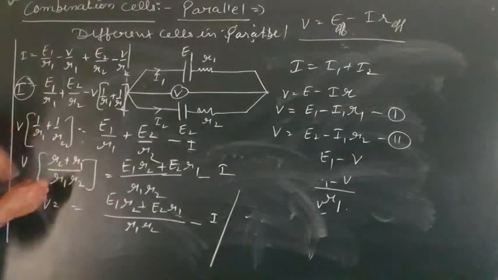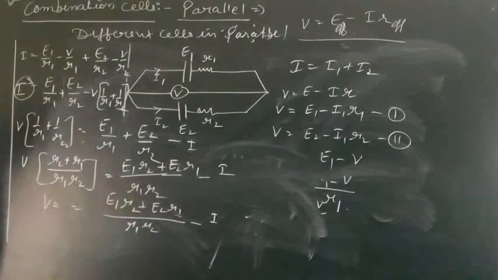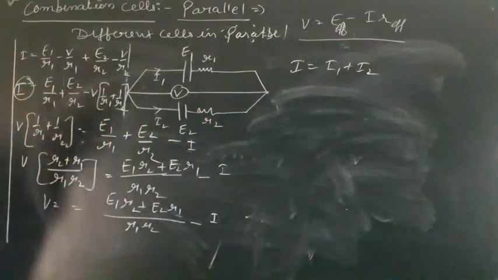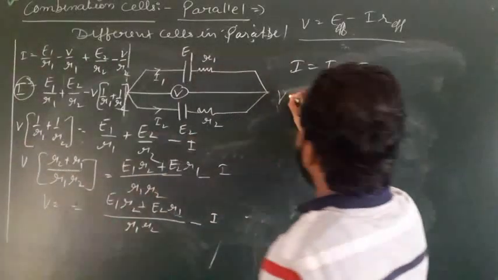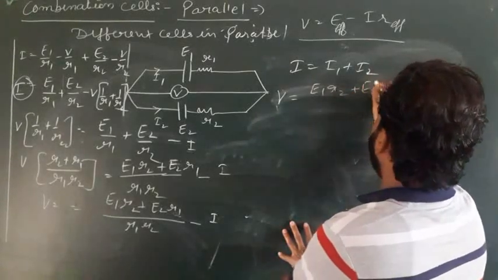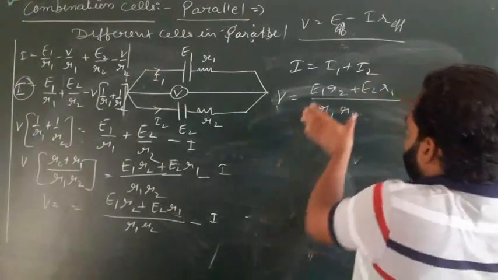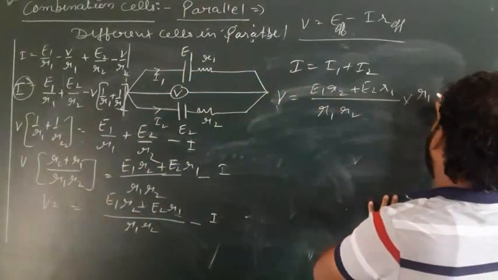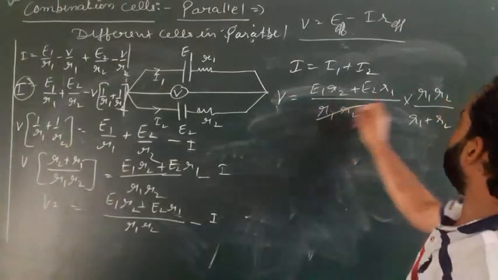So we know that on that side it becomes reciprocal. When we solve it, this whole term is divided by that term. Here I am writing V is equal to (E1 R2 plus E2 R1) divided by R1 R2. When this whole term is divided by this, R1 R2 comes up, so here it comes out to be R1 R2 divided by R1 plus R2, or R2 plus R1. So this cancels with this.